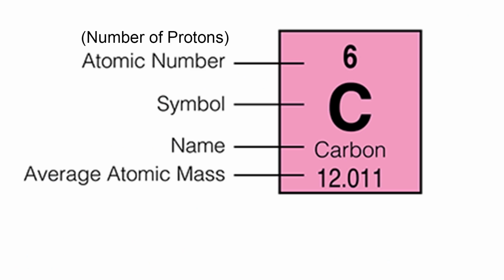However, if the atom is neutrally charged, it will contain an equal number of positive protons and negative electrons. The number of protons in an atom is called the atomic number, which determines the name of the atom. For example, all atoms with 6 protons, no matter how many neutrons or electrons, will still be called carbon.